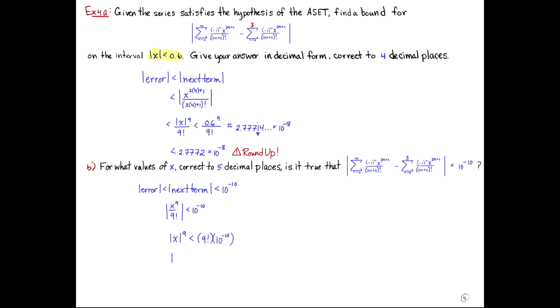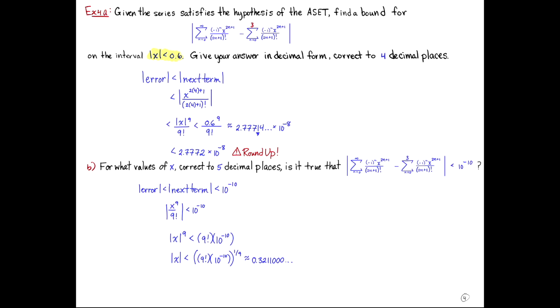Let's take the 9th root of both sides so that we can solve for the absolute value of x less than 9 factorial times 10 to the negative 10th to the 1/9, which is approximately equal to 0.3211000. We want our answer correct to 5 decimal places.